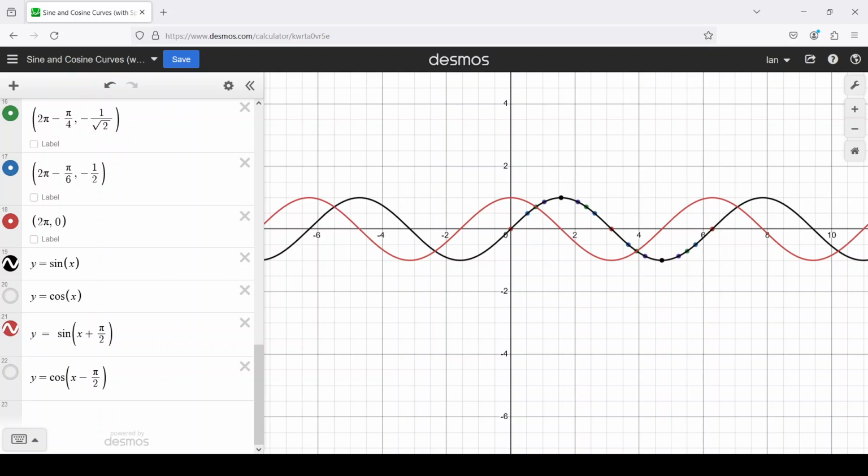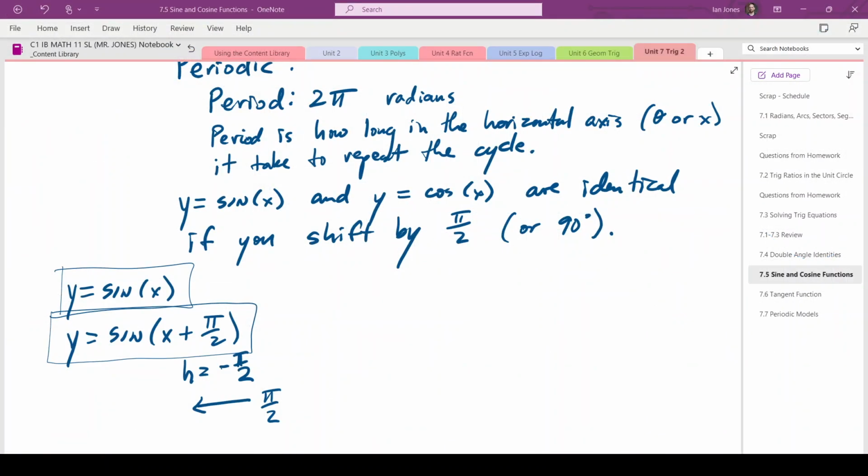So this red curve is the black curve, sine, shifted by pi over 2. But if I show cosine on this graph and take the red one off, it's the same thing. So shifting the sine curve left by pi over 2 gives you the cosine curve. And this gives us an identity. So if we take a look here, we can actually write this as an identity.